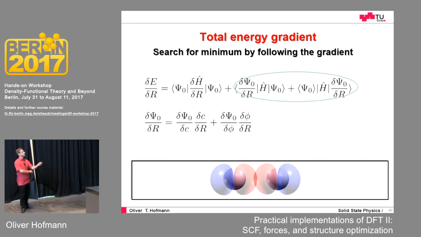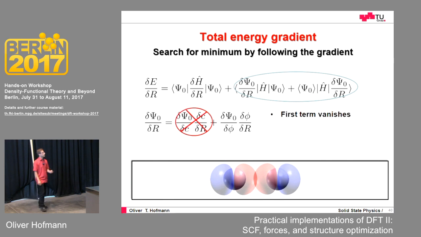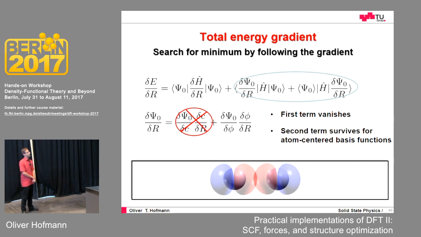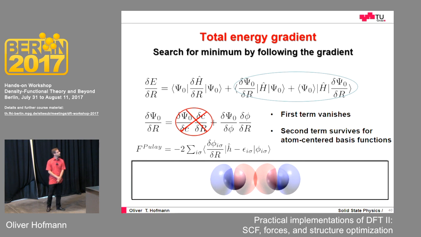They consist of 2 different contributions, the partial derivative with respect to the LCAO coefficients and the derivative with respect to the orbitals themselves. The first contribution can be shown to vanish. The second term survives for atom-centered basis functions.